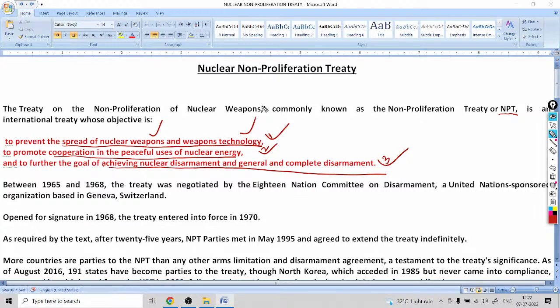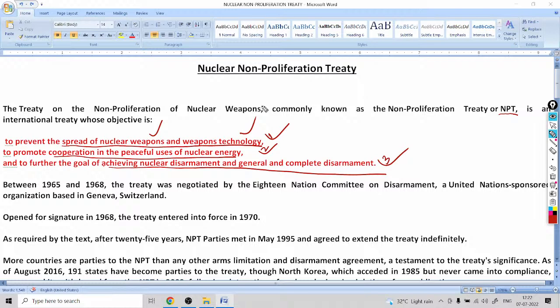So countries started acquiring armaments, developed indigenously or purchased from outside, which increased the sense of fear, uncertainty, and large scale devastation in the world. So this NPT also aims at achieving the concept of disarmament and complete disarmament in due course of time.